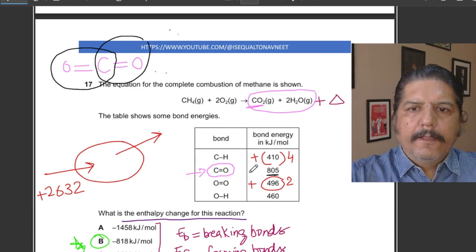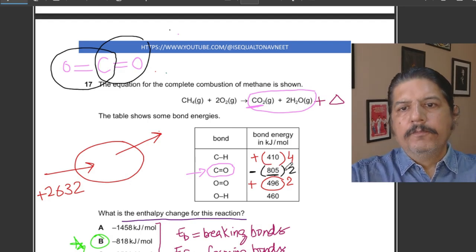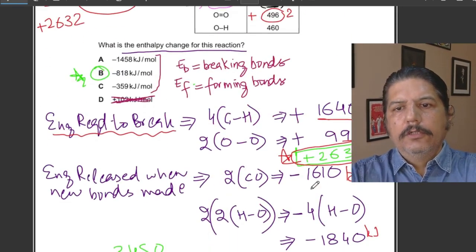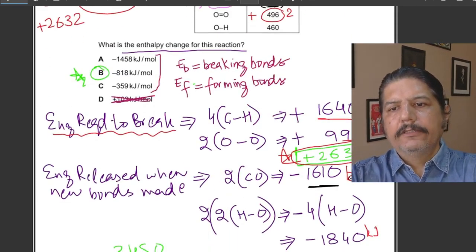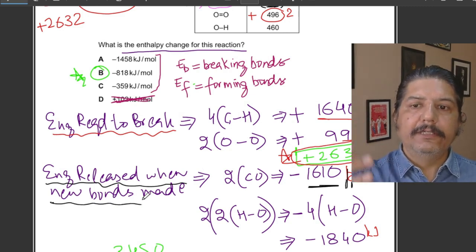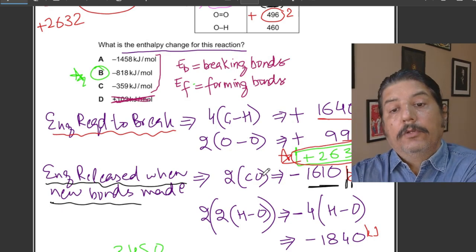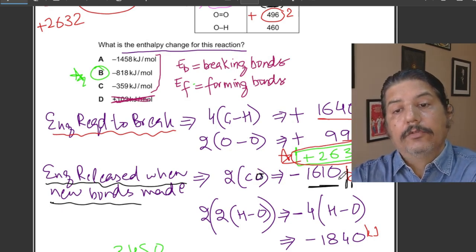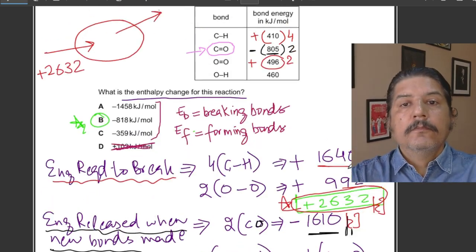Because energy is released, it is negative, and this has to be multiplied by 2. So 1610 kilojoules of energy is released. Please understand that when new bonds are made, energy is released. So because 2 C=O bonds are being made, this is the amount of energy which is released.